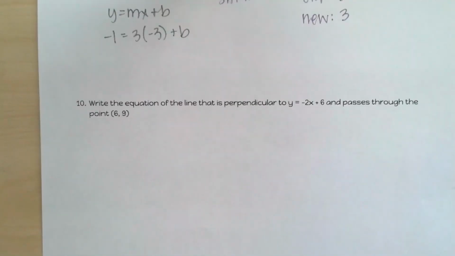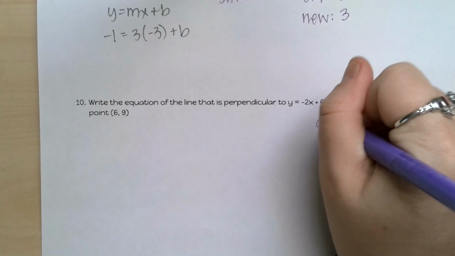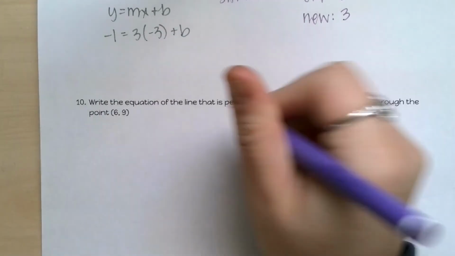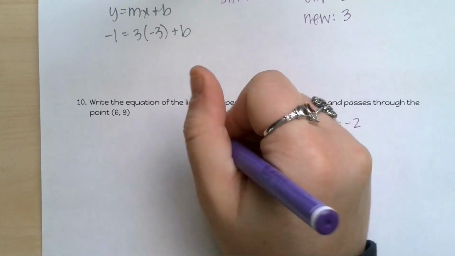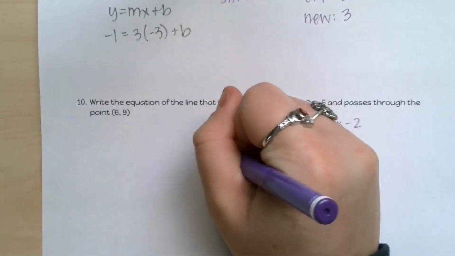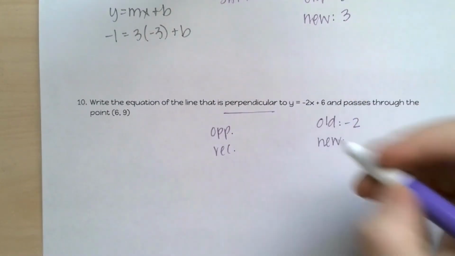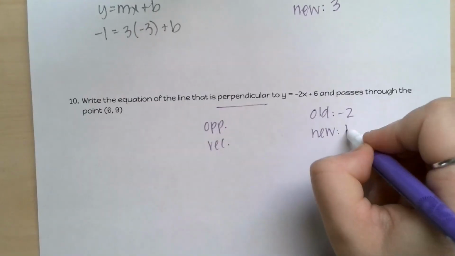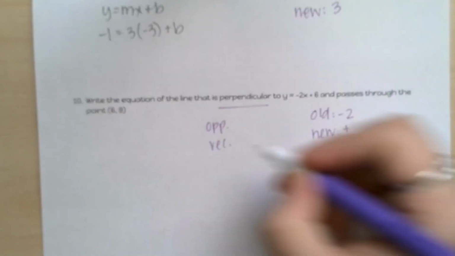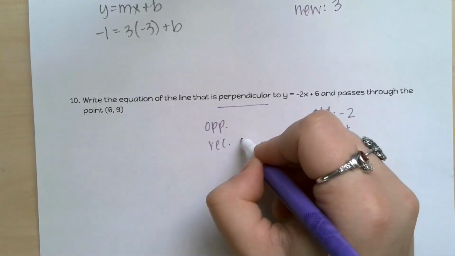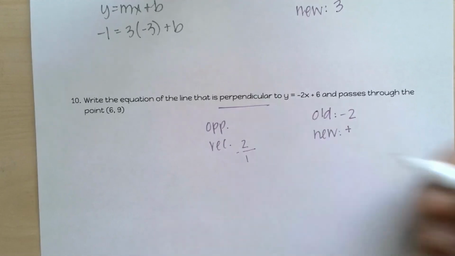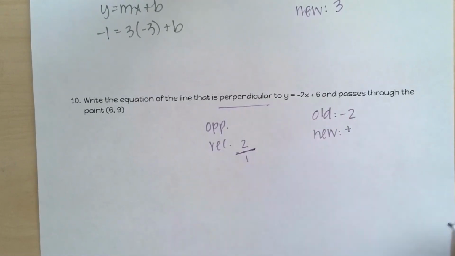Similarly for perpendicular, you want to identify your old slope, which is -2. But for our new slope, remember, it's the opposite reciprocal. So we need to change the sign. So instead of negative, our new slope is going to be a positive. And the reciprocal means that we take our 2, which can really be written as 2/1, right?